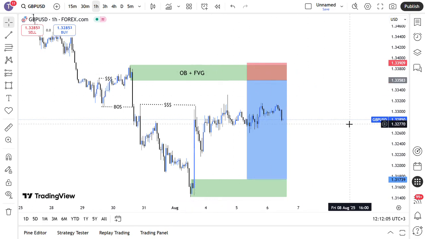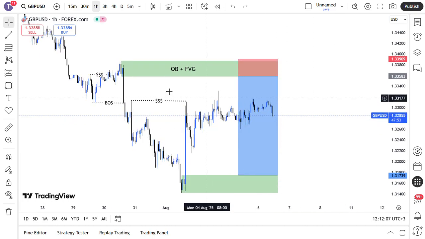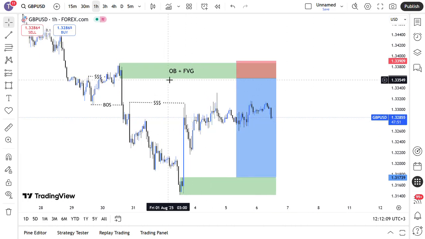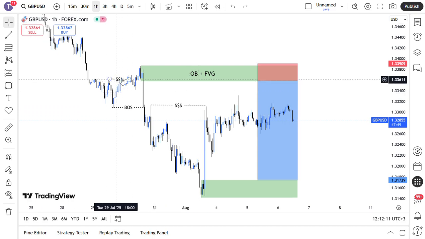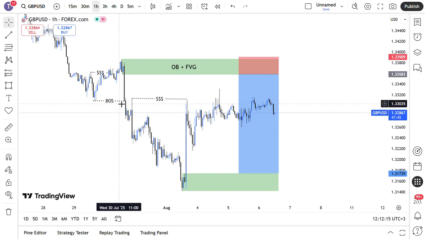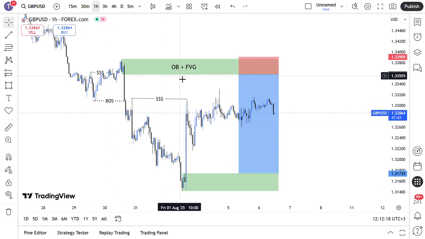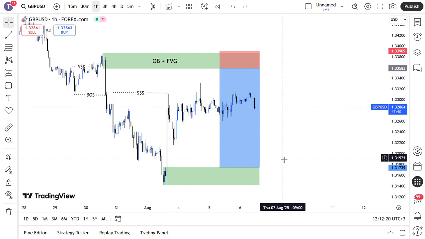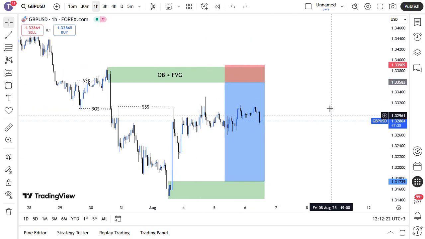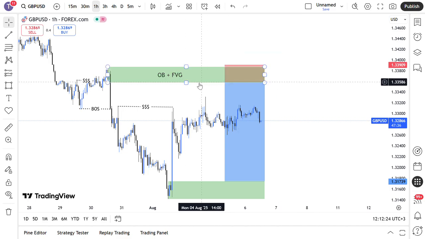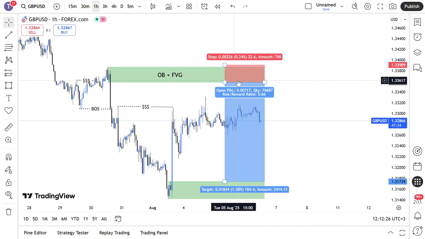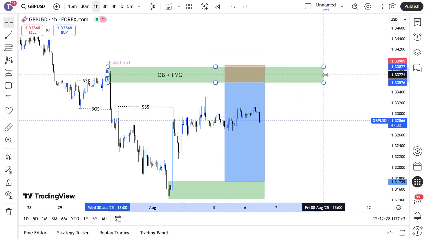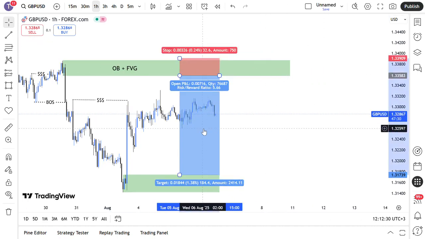But for now, I expect the market to react from this order block that swept liquidity, and then after sweeping liquidity, we have the break of structure. So I expect the market to react from this order block, and then we look for sales to the downside. And remember, in this kind of order block, you should look for a change of character so that we can have our trades to the downside.